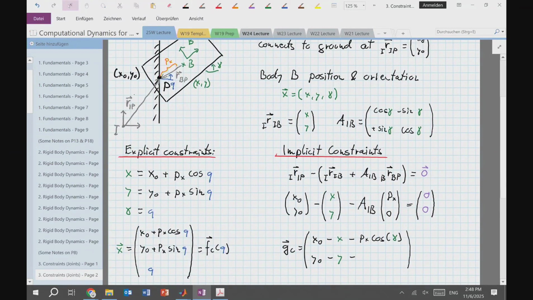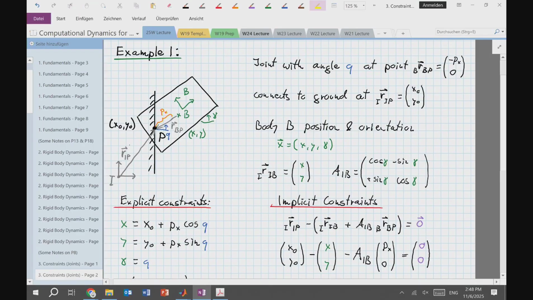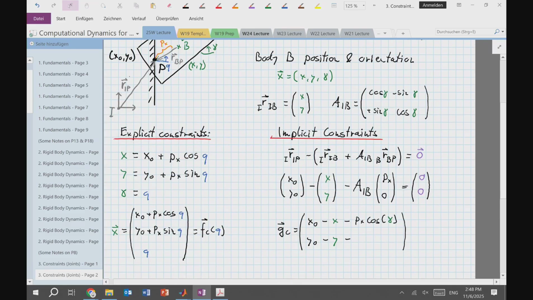Sorry, I missed the minus sign here. Just confused, but this is defined as minus px the way I drew the coordinate system. So there must be a plus here, a plus here. Doesn't really change things. Here's a minus sign as well. Equal to 0.